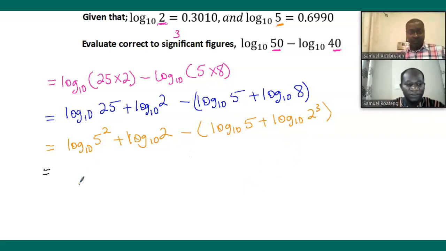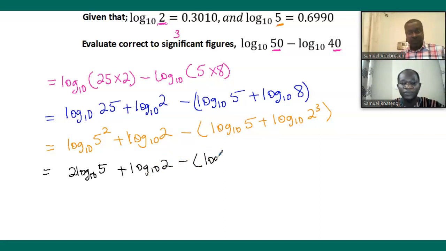So next, we have 2 log 5 to the base 10 plus log 2 to the base 10, minus bracket open, log 5 to the base 10 plus, we just apply the laws, we bring the power forward in front, 3 log 2 to the base 10.